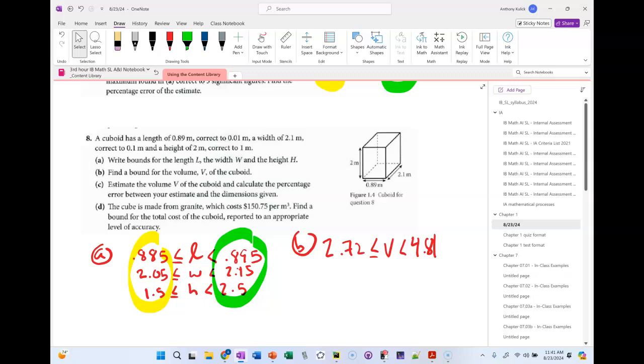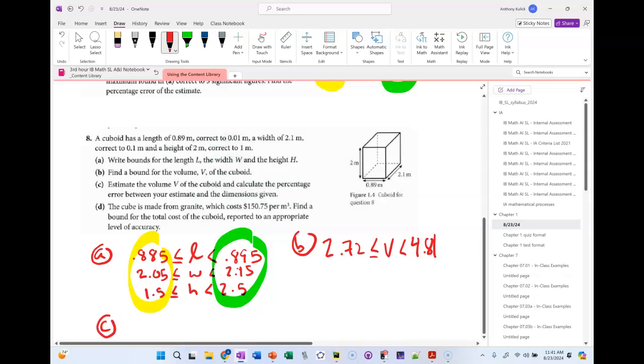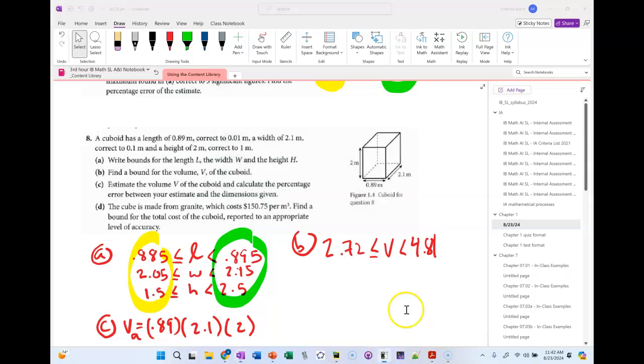It then says in part C to estimate the volume of the cuboid. So my estimate would just be using their rounded values. And I'll call that A for approximation.